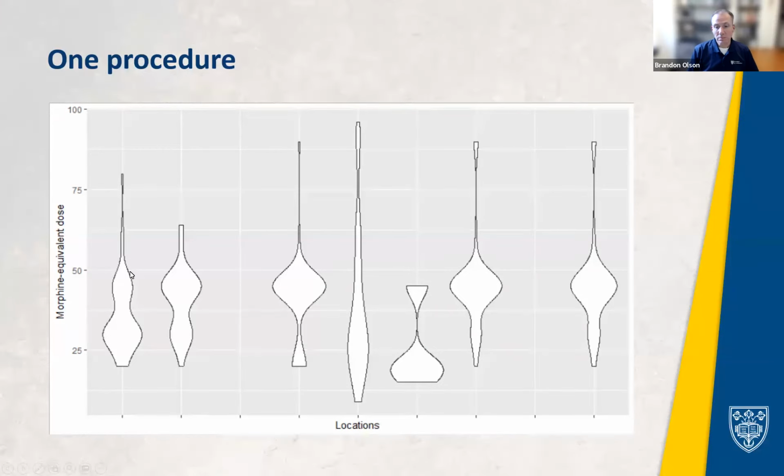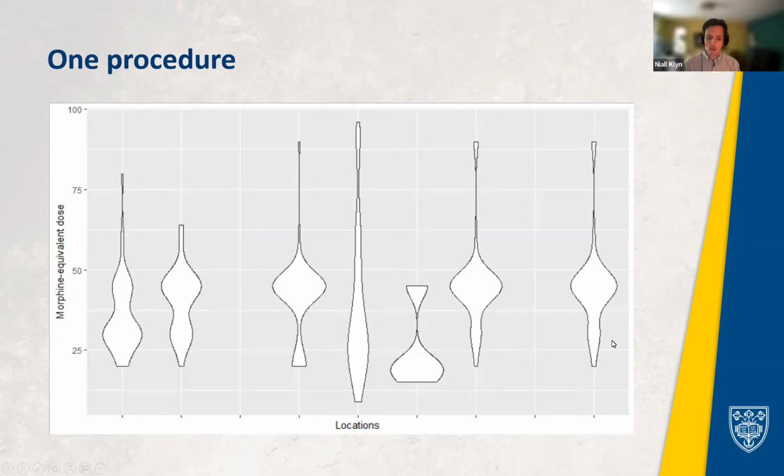Can we also look at this variability across these locations and get a sense of what this location is doing differently than that location? Not just in prescribing, but how are they using other techniques to manage patients' pain? Or are the patients super dissatisfied at this location and feeling like their pain is not being handled appropriately, right?